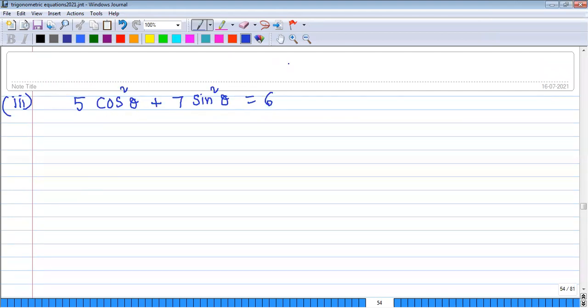Whenever a question is given in the form a cos square theta plus b sin square theta equals c, better divide both sides by cos square theta. Then solve for tan square theta. If you get tan square theta, easily tan square theta is equal to tan square alpha, and we can solve it. So whenever it is in this form, divide both sides by cos square theta.